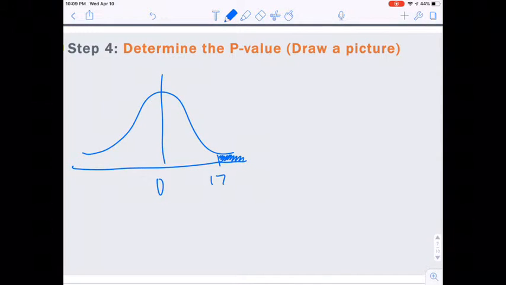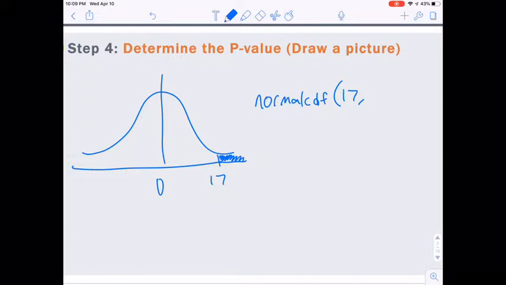So, in theory, we should be writing normal CDF, left bound, which would be 17, right bound, which we normally write 10, because 10's a pretty good approximation for infinity. So 10's basically infinity, and we're already at 17.